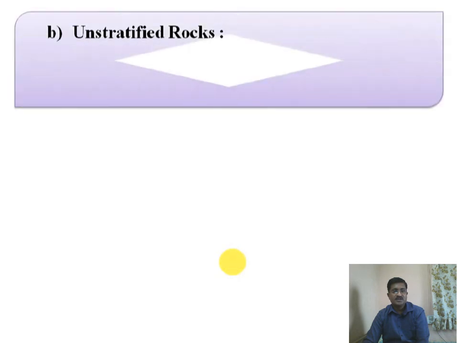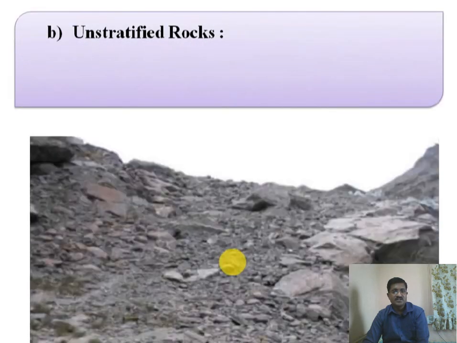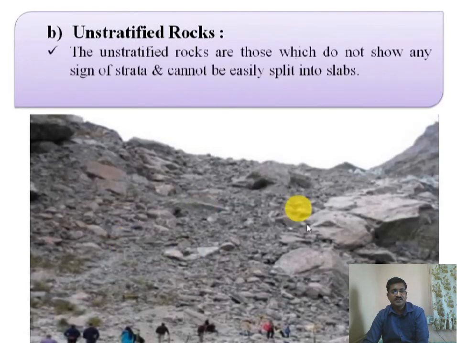Then unstratified rocks are those which do not show any sign of strata and cannot be easily split into slabs or layers, for example granite, marble, etc.